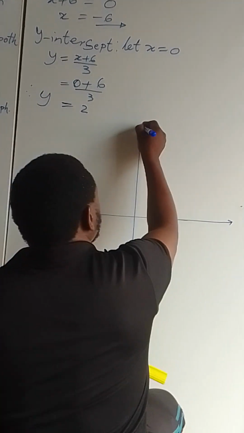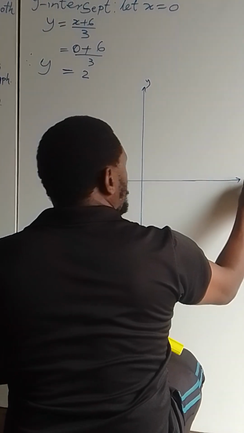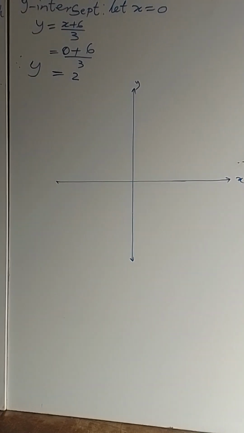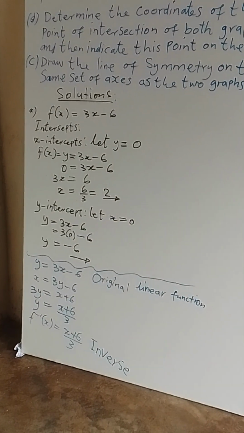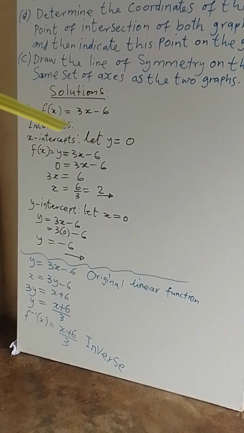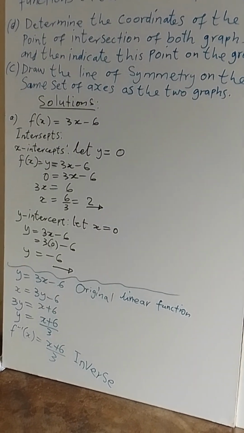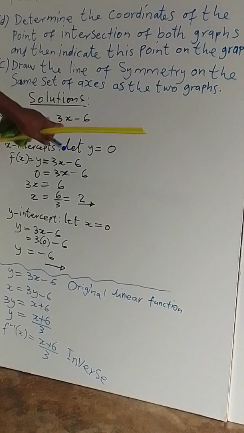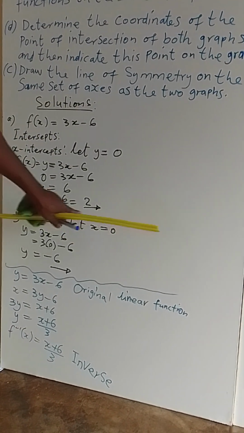This is our Cartesian plane, this is y and x. Let's sketch the graph of the original function f(x) = 3x - 6. We found that the x-intercept is 2.